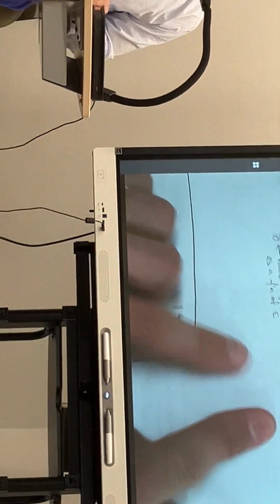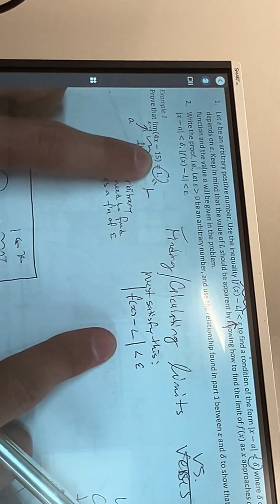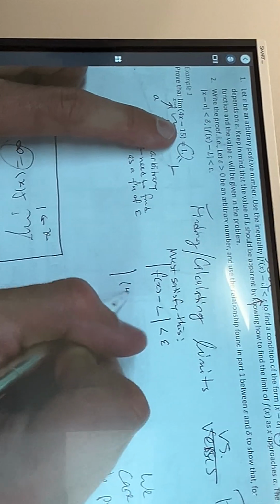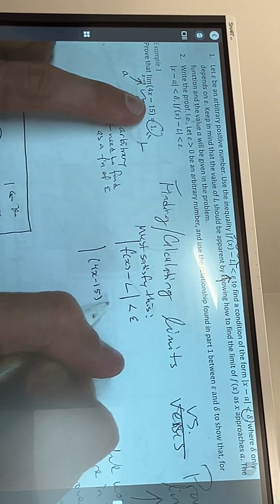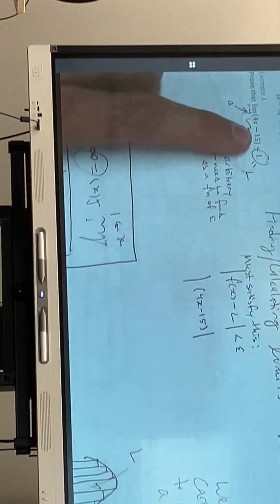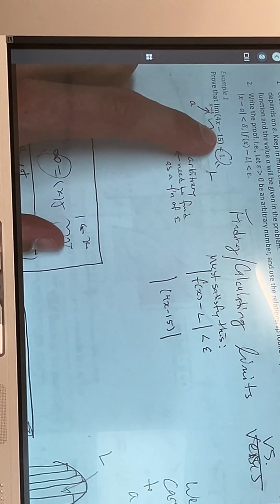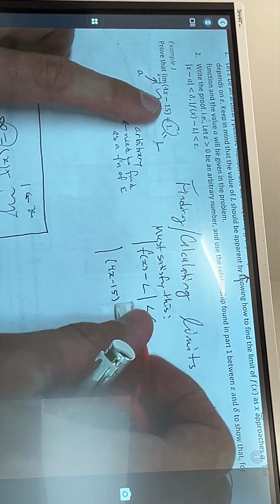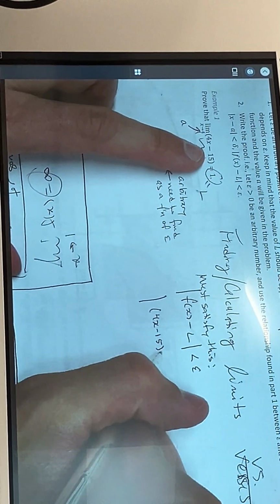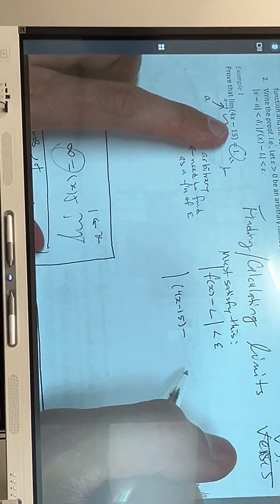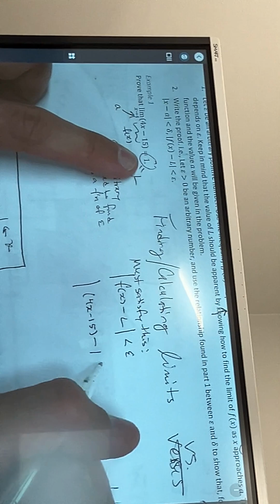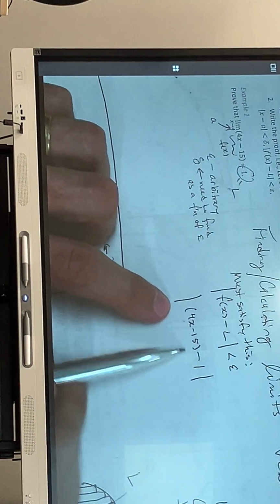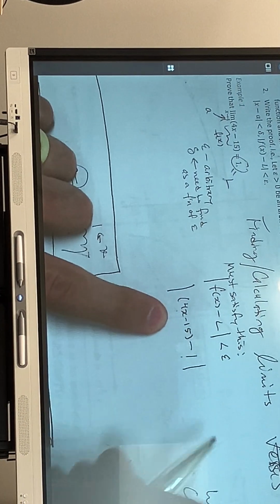And we can plug in all the stuff that we have because f of x is 4x minus 15, minus L, and L is 1. So the difference between the function and 1 needs to be less than epsilon.